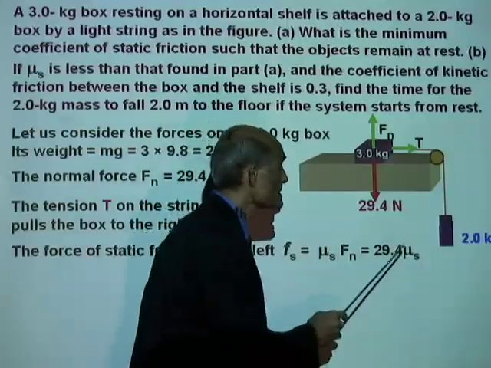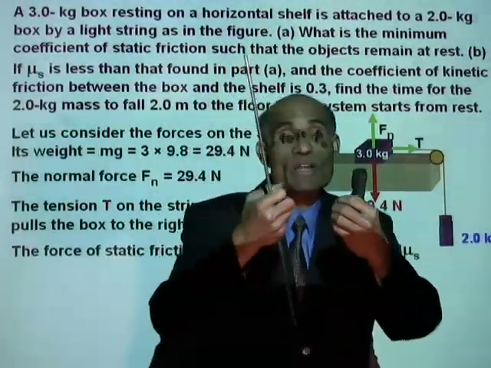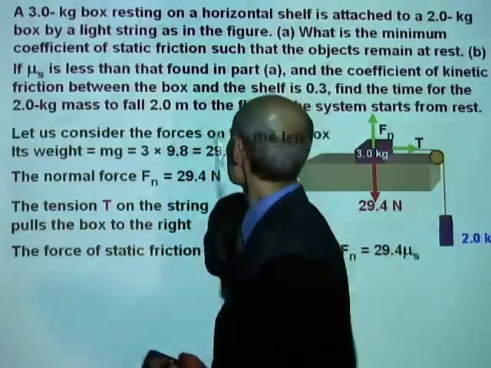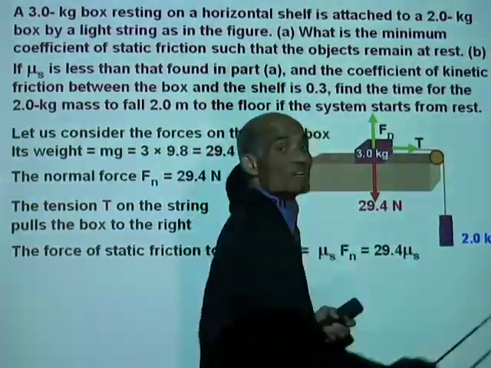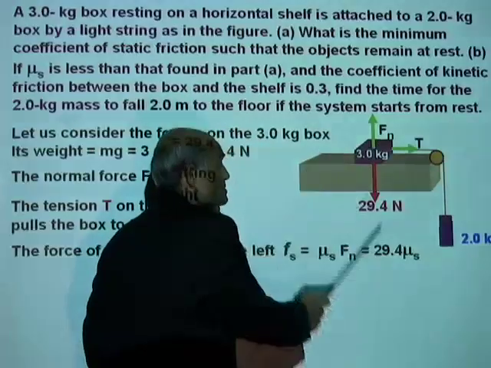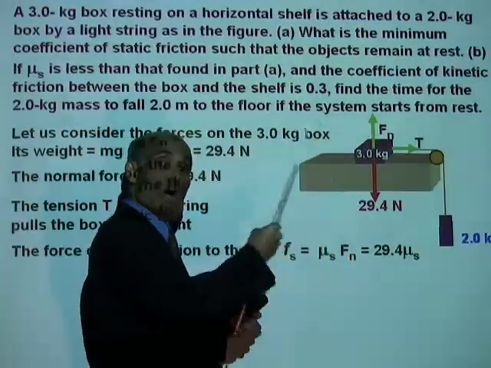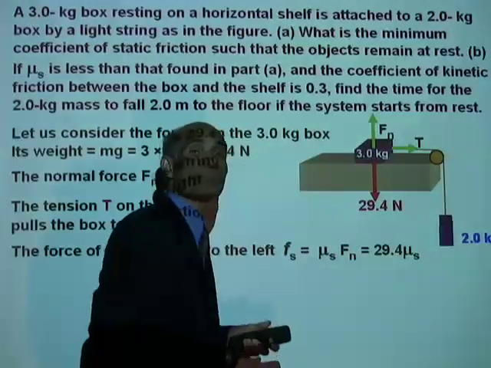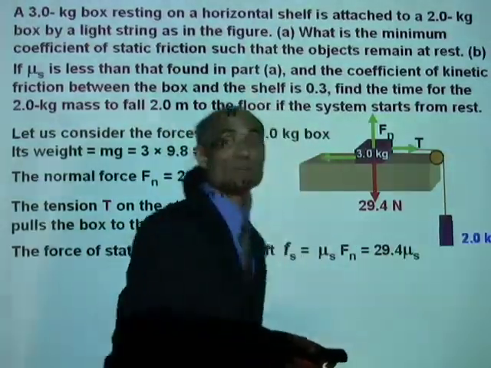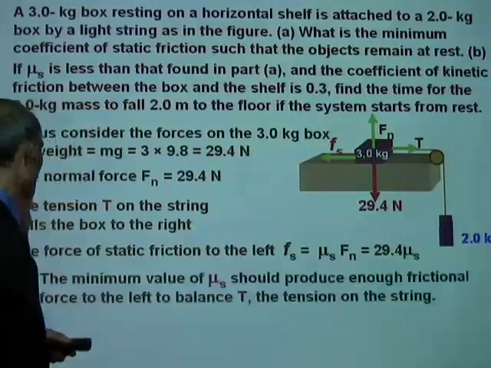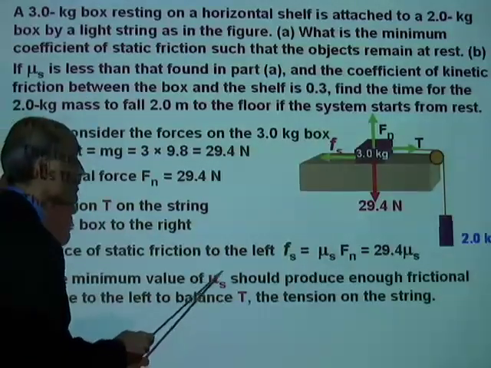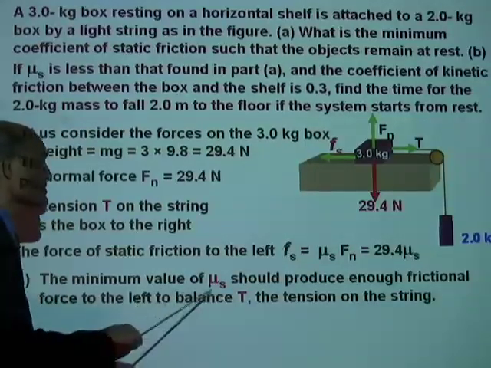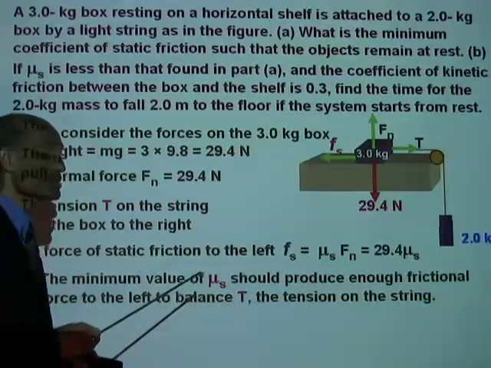Well, mu s has a minimum value when the forces acting on that object are balanced. The force acting to the right, which is the tension force, is balanced by the force acting opposite to that, which is the force of static friction, 29.4 mu s. Okay. Now, the minimum value of mu s should produce enough frictional force to the left to balance that tension force.